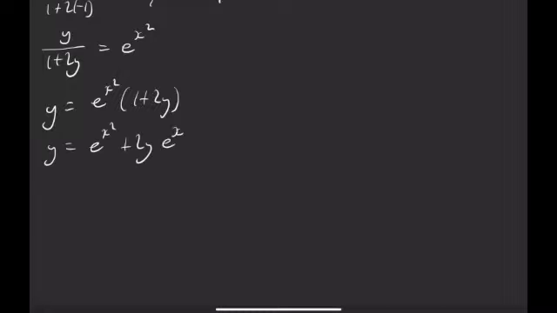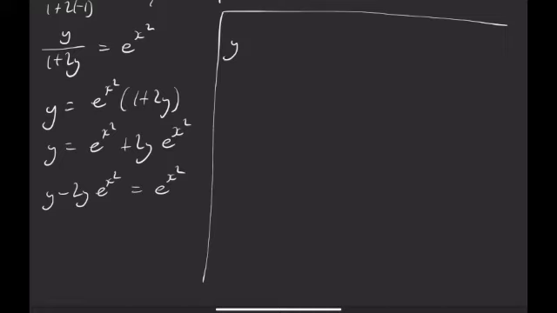Okay, let's tidy this up. So let's cross multiply. I get y equals e to the x squared times (1 plus 2y). I can expand that bracket. y equals e to the x squared plus 2y e to the x squared. I've got a y on this side and a y on this side. Let's move this guy over. So I get y minus 2y e to the x squared equals e to the x squared.